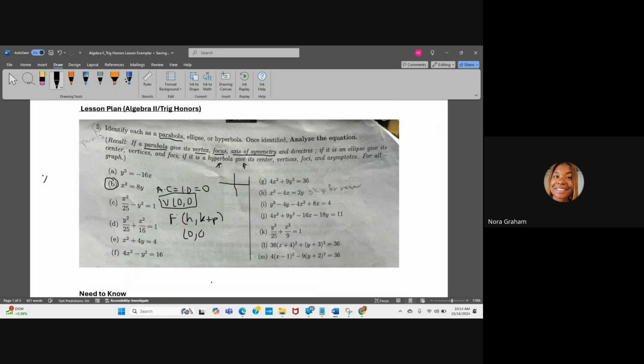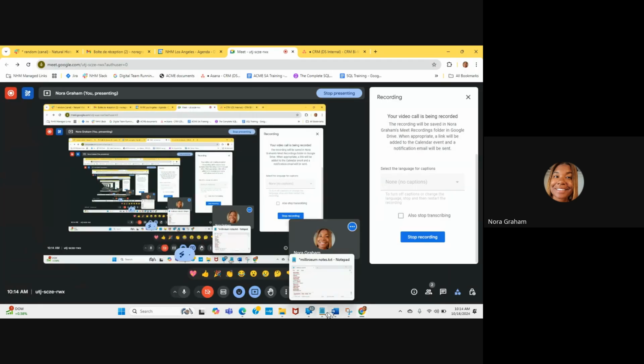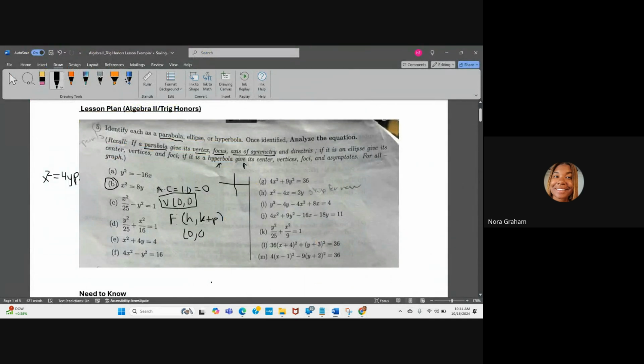Our parent formula for a parabola is going to be x squared equals 4py in this case. Okay, sorry. And so for this one, we notice we have an 8. What times 4 can give me 8? That's going to be 2. Okay, so p is going to be 2. So this is going to be plus 2. Right? So our foci is going to be 0, 2.